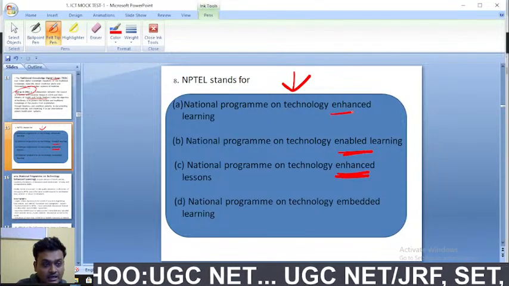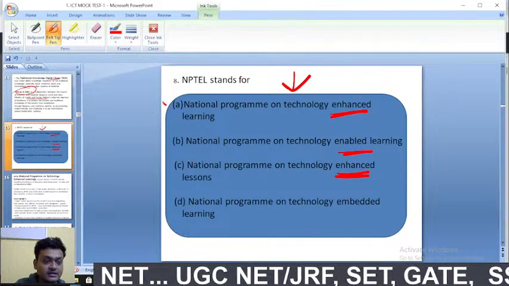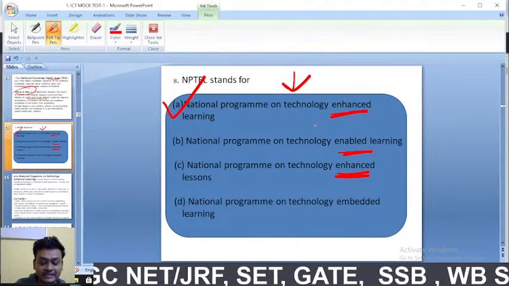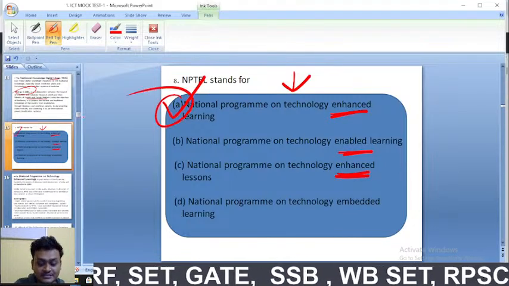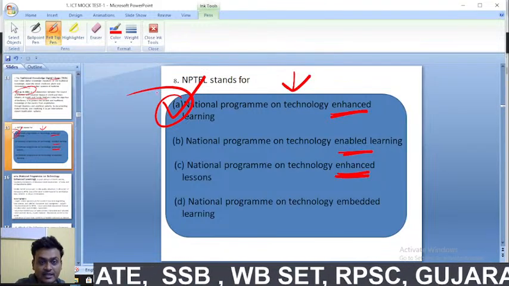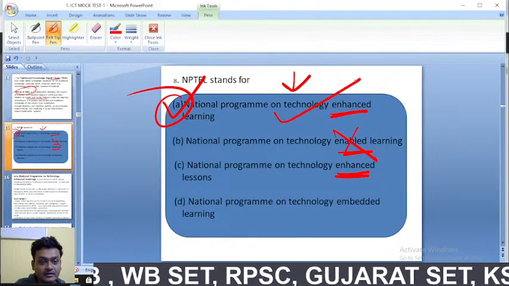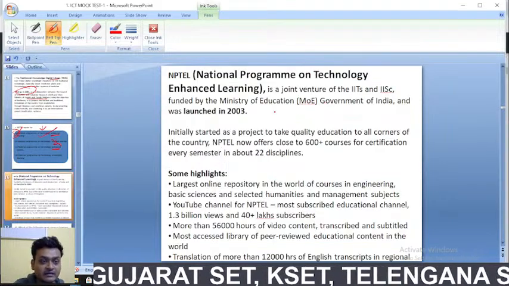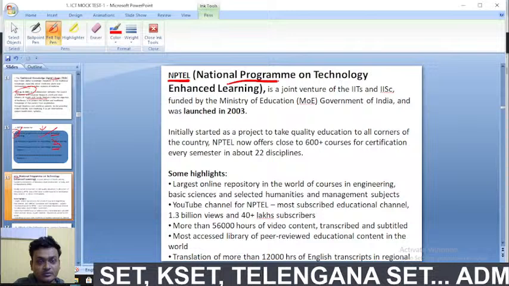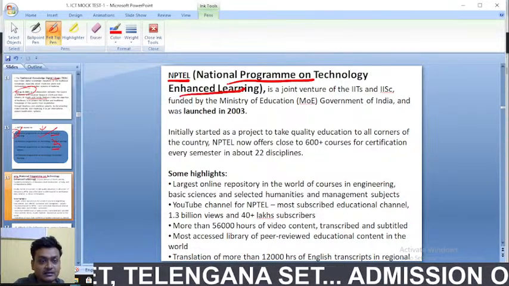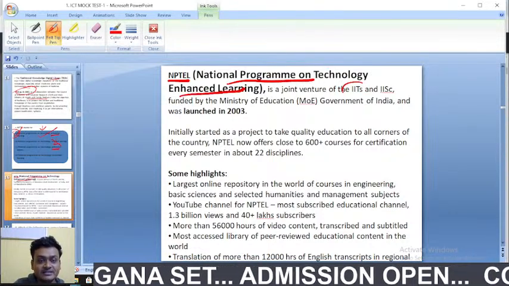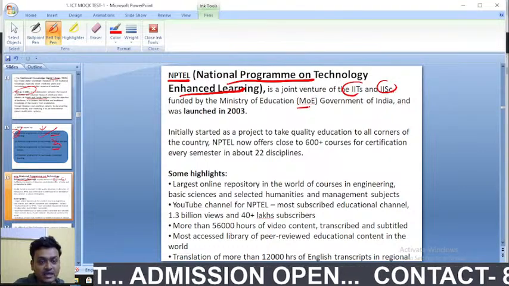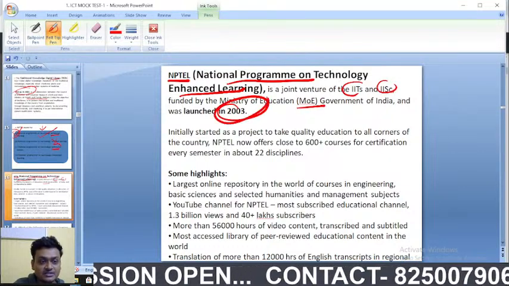It is National Program on Technology Enhanced Learning. A is the right answer. Enabled नहीं है. NPTEL, National Program on Technology Enhanced Learning, a joint venture of IITs, IISc, MOE, launched in 2003.